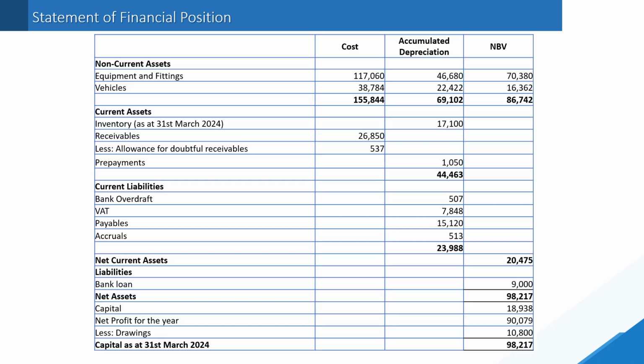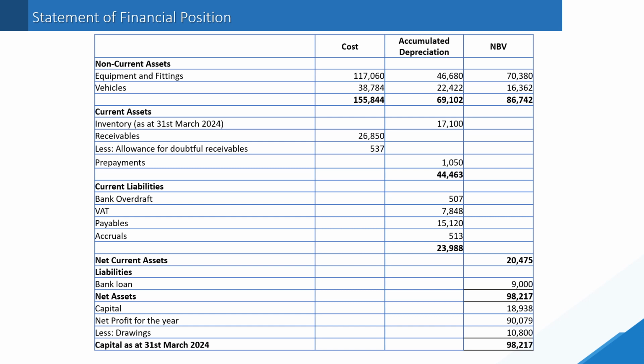I'd like to take a moment now just to stop and reflect on the statement of financial position. We've established that this statement is a snapshot of the business at a particular point in time, and in this example that point in time is the 31st of March 2024, and we can see that by the closing capital date at the bottom of the statement.